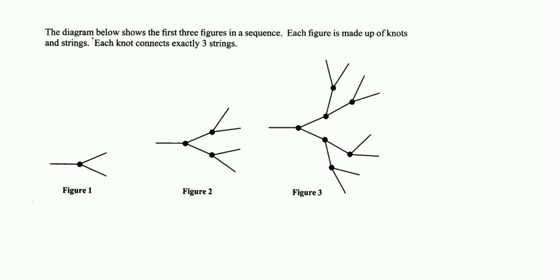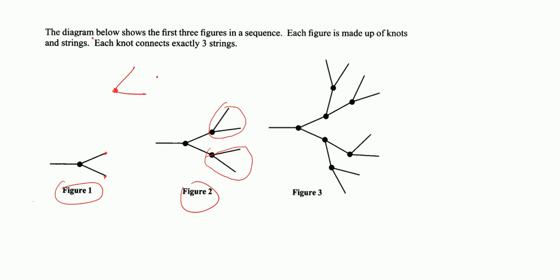So as we move from figure 1 to figure 2, we notice that at these points we are adding this. So what is being added to the figure is this shape, which represents a knot and 2 strings.